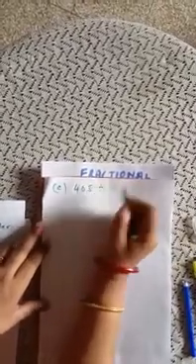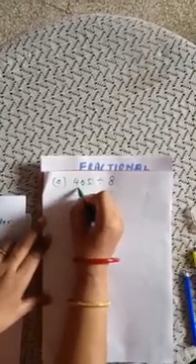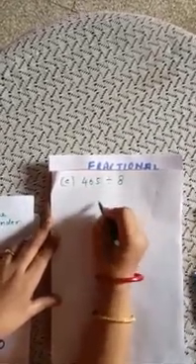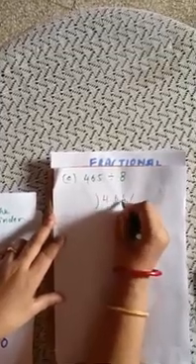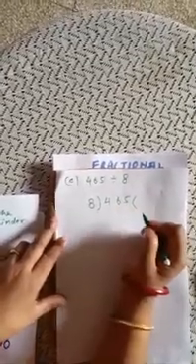Now let us take another example. 465 divided by 8. So 465 is a dividend and 8 is a divisor. So I will put this frame in a division form. So 465 is divided by 8, right?